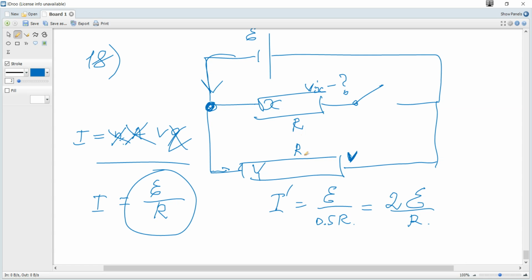Since the wires are the same, this current will be divided by 2, so it will be just EMF over R in each branch. If we consider X, the current through X will be EMF over R, so it will be the same. So it will also be V.